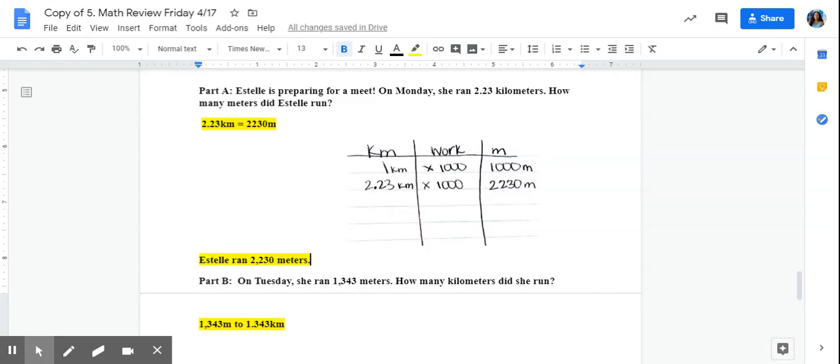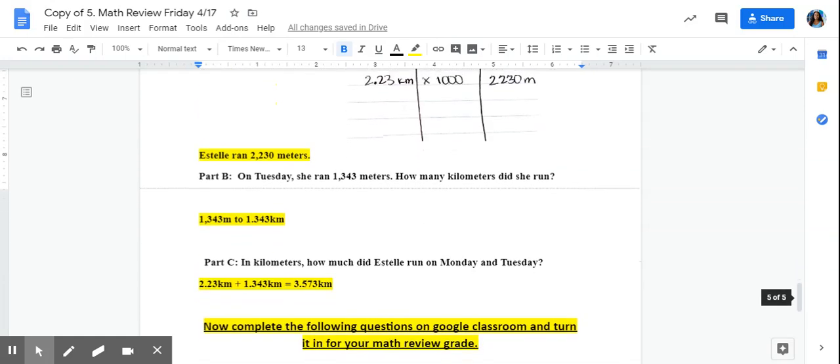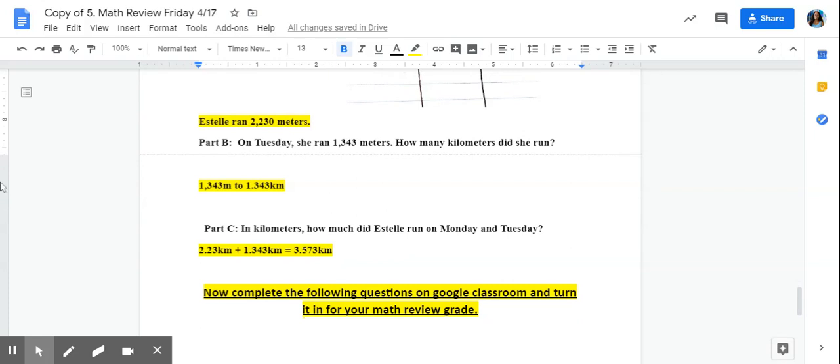So Estelle ran 2,230 meters. Part B, on Tuesday, she ran 1,343 meters. How many kilometers did she run?